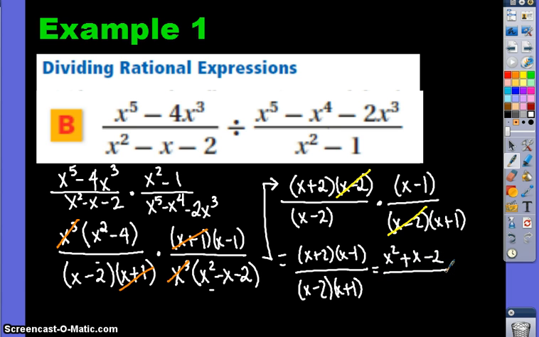All of that over, that would be an x squared, and then plus an x, and then minus 2x would give us a negative x, and then minus 2. So we are done. That's as simplified as we could get.